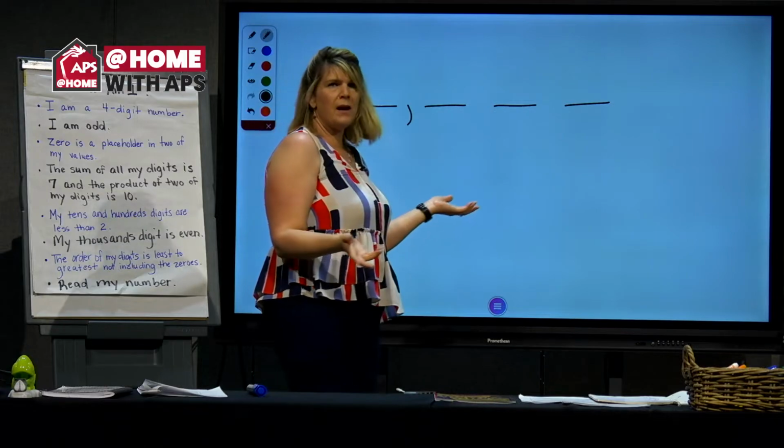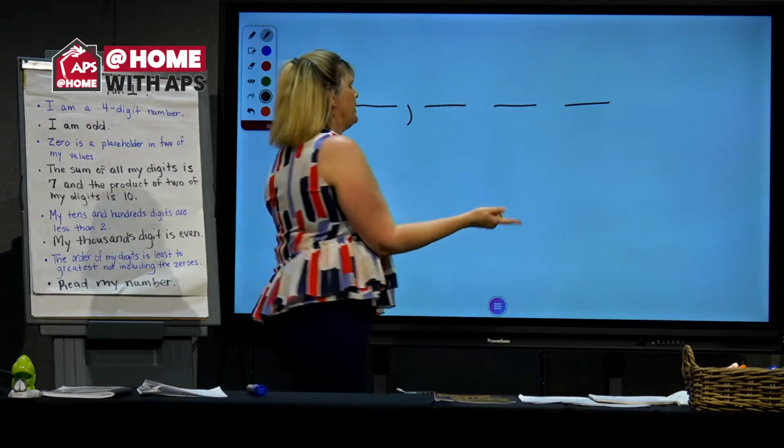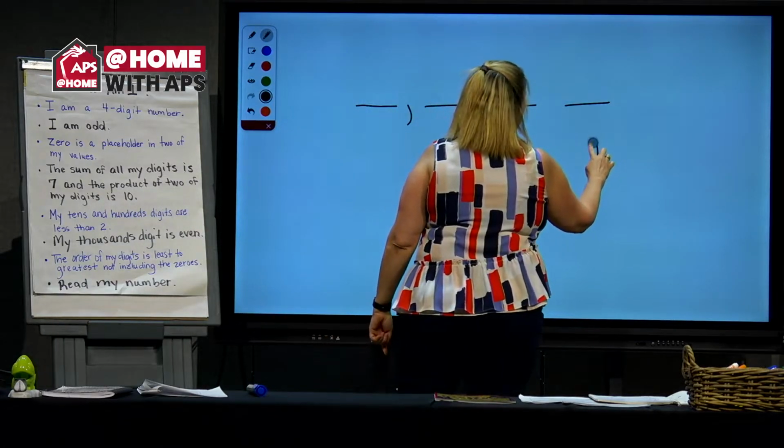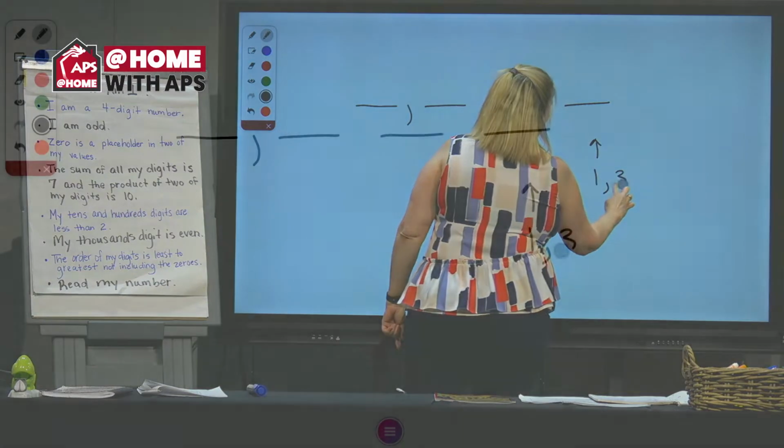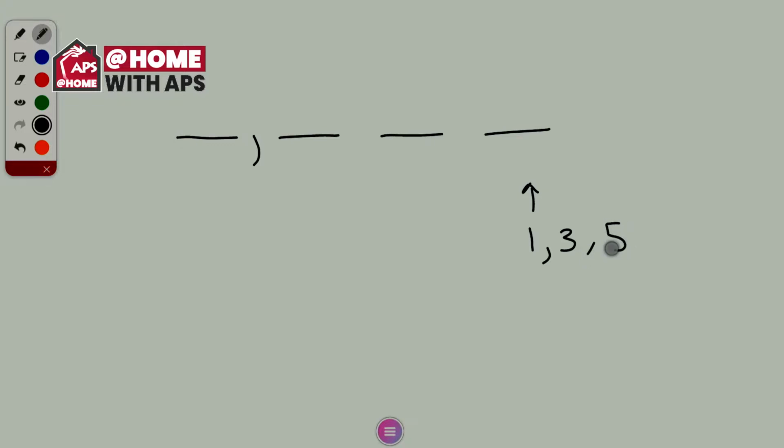That's how I know where it's going to lie, okay? So we know it's got to be an odd number. So this over here is going to have some kind of an odd component. So let's think about our odd numbers. We have 1, 3, 5, or 7, right? Okay. Oh, and 9. All right. We know that the hundreds and the tens digits are less than 2.